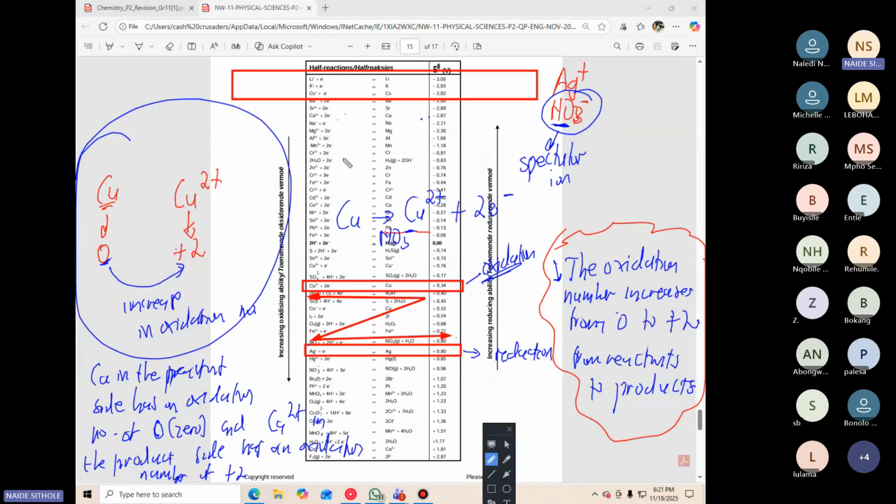You need to write it as Ag+ plus e minus, then you use this arrow, and then you say Ag. The double arrow here means it's a reversible reaction. But if you are only showing the reduction part, it does not have to be reversible. Because once it is reversible, you are saying it can be either reduction or oxidation.